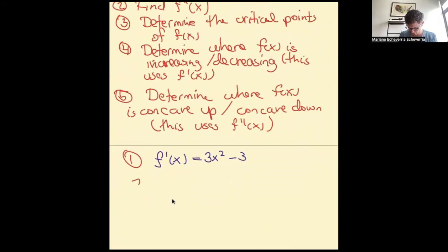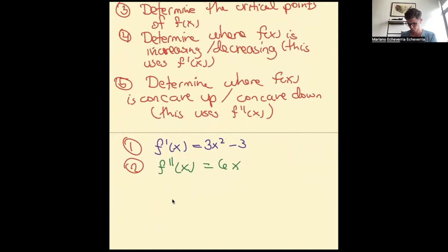Step 2 is to find the second derivative, and the second derivative is just 6x, right? And step 3 is to find the critical points. Remember, the critical points are where the first derivative is 0.